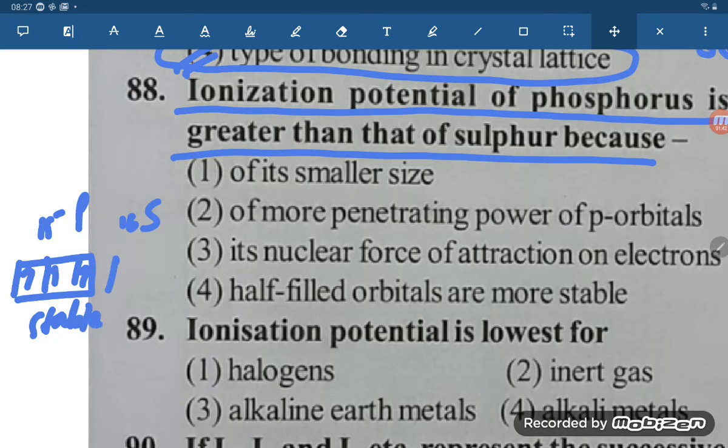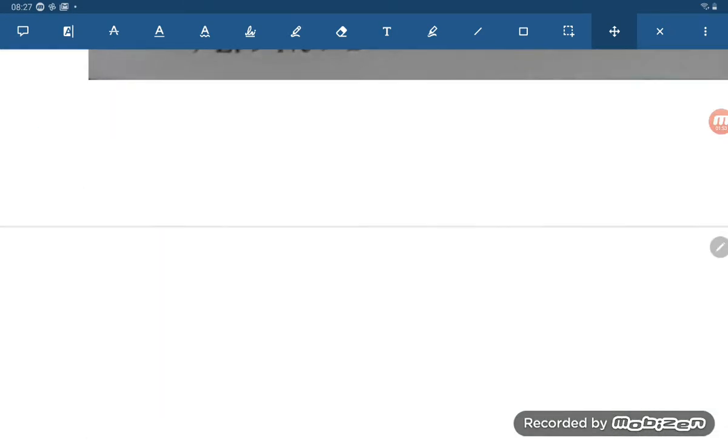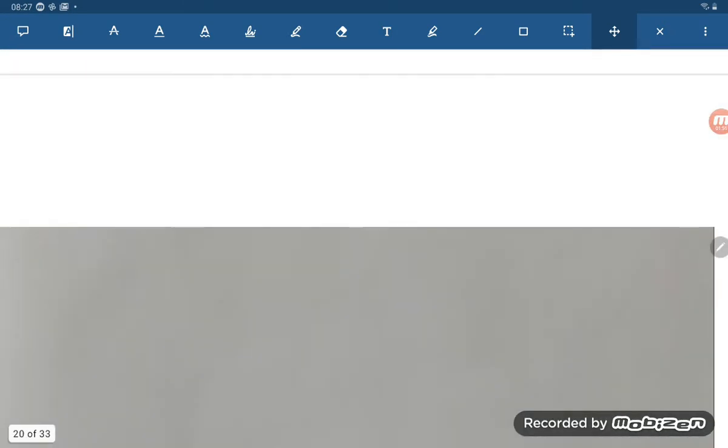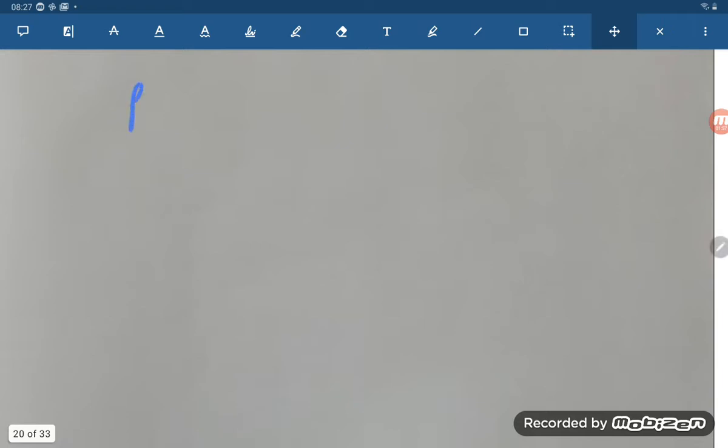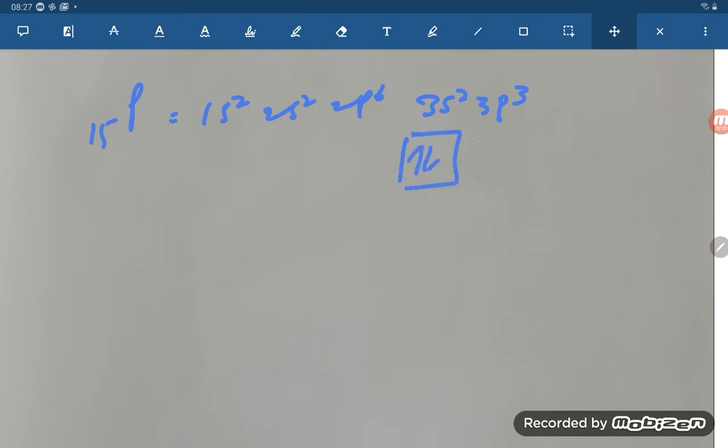And if you are talking about sulfur, student, sulfur is neither half filled nor full filled in the valence shell. Let us do it in detail. Phosphorus 15: 1s2, 2s2, 2p6, 3s2, 3p3. That is 2, 4, 10, 12, 15. In the valence shell, 3s is completely filled and 3p is half filled.